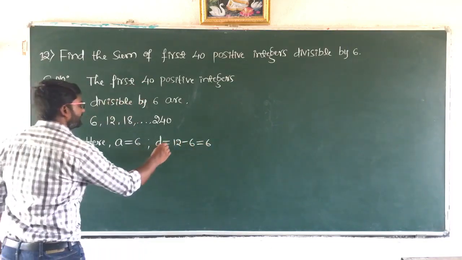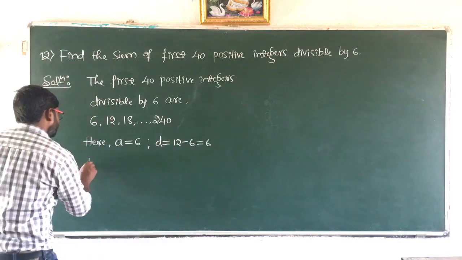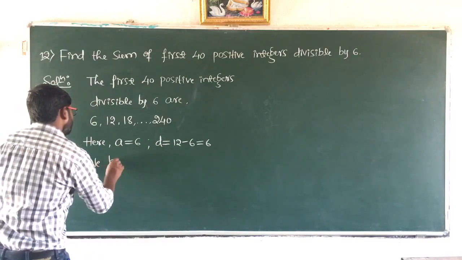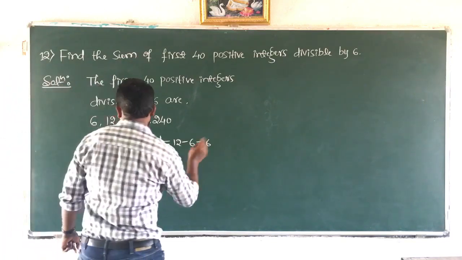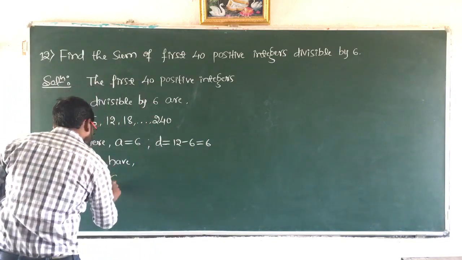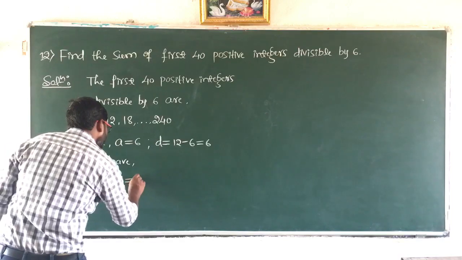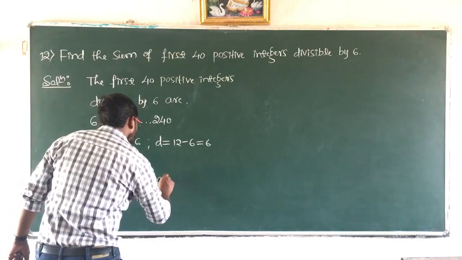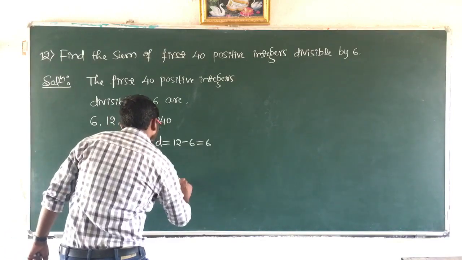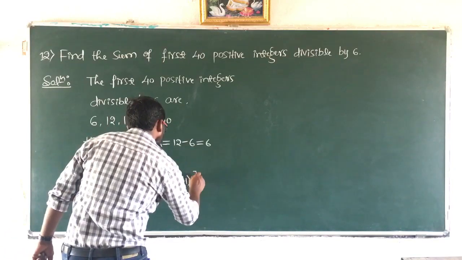So now see here, let us consider the formula. We have n value as 40. We have Sn which is equal to n by 2 times 2a plus n minus 1 into d.